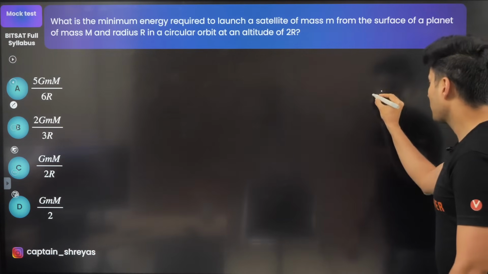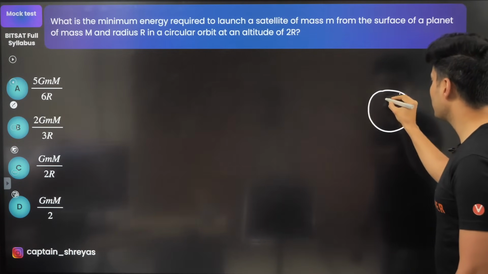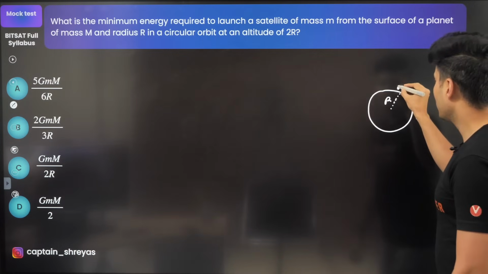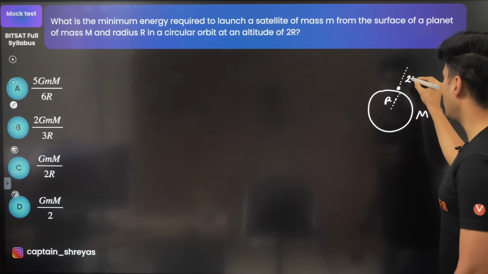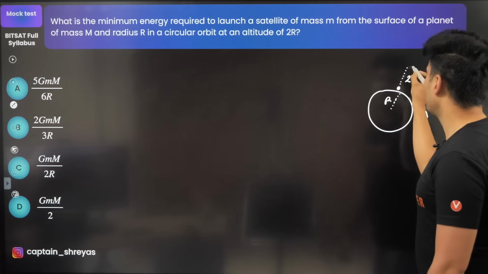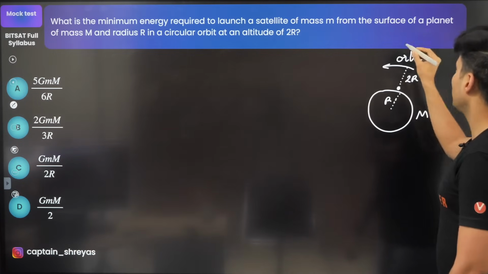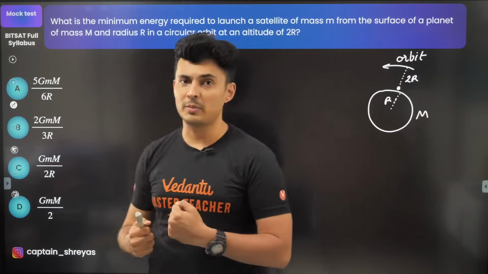Let's say this is the planet, with radius r and mass capital M. You take a satellite and push it up by a further altitude of 2r, and there it goes into an orbit. So what is the minimum energy required to put it into the orbit?